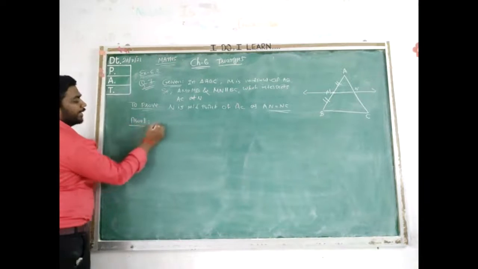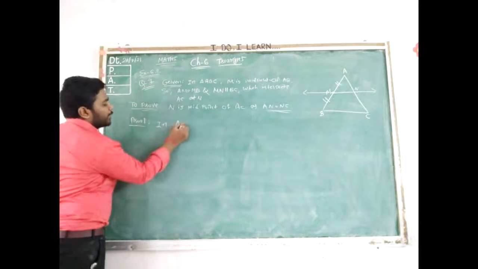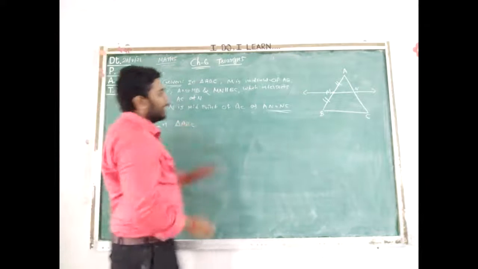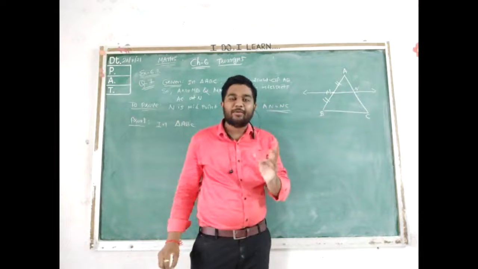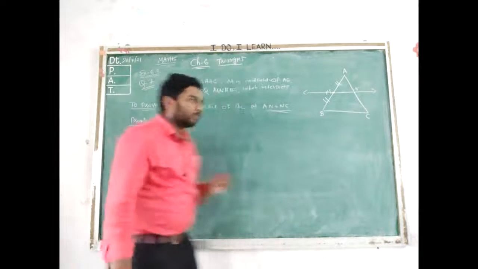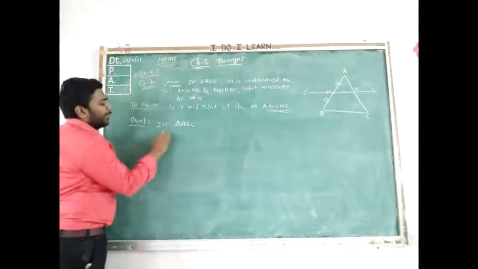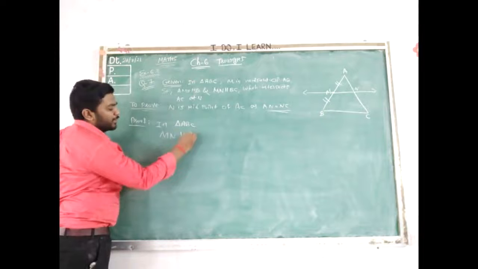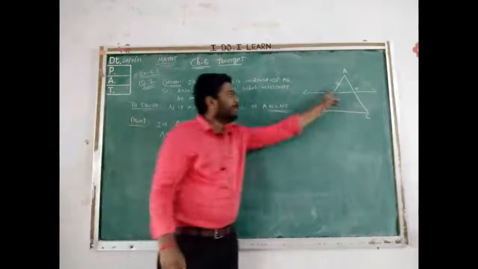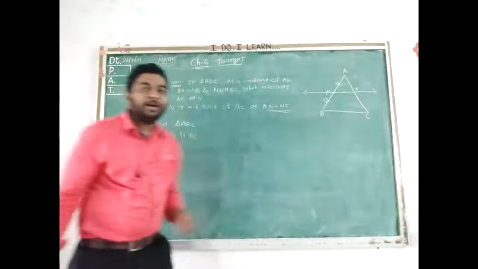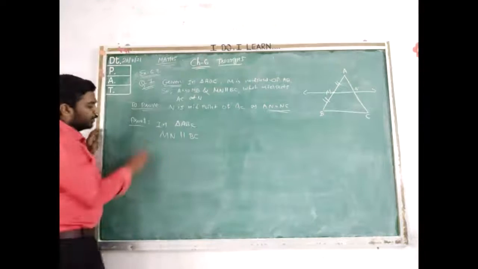So now we are writing the proof. I can write in triangle ABC. If I'm thinking about this triangle ABC, which theorem do we have to use? I have to use the first theorem. Here we have MN parallel to BC. This MN and this BC are both parallel.